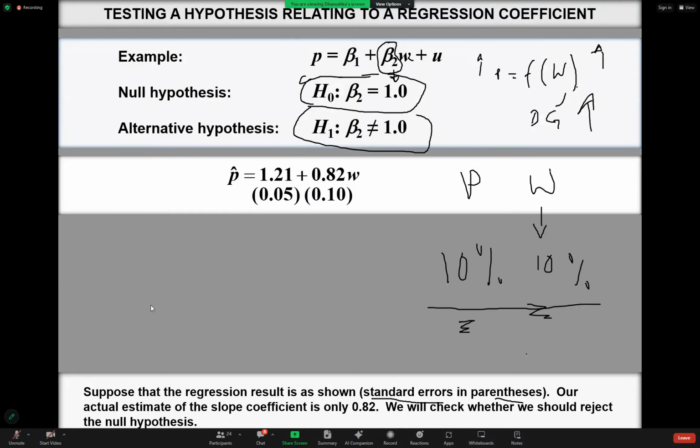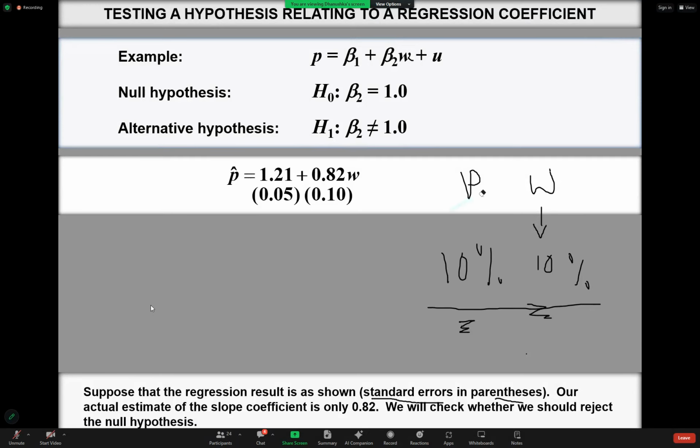You can estimate the regression model. Let's say the estimated model is like this.